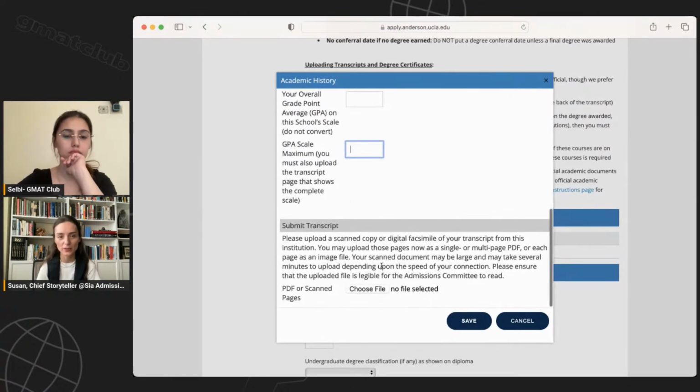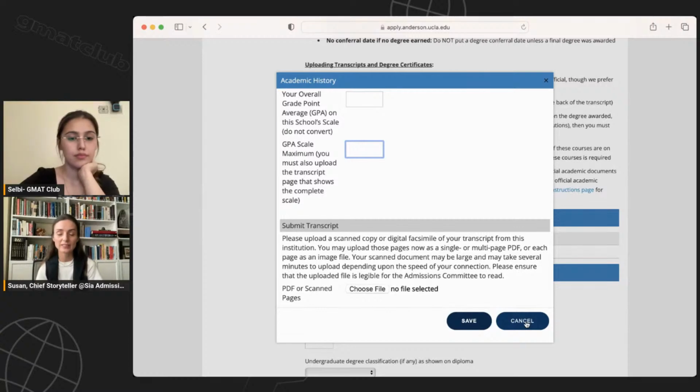That's what you're doing. And then you are also including a digital transcript, like a PDF or a scanned page, that you would attach here. Once you're done with that, just make sure that you save before you exit out of this page. And if you have more than one institution, so if you have an undergraduate and a graduate, you would multiply that by however many institutions you have.